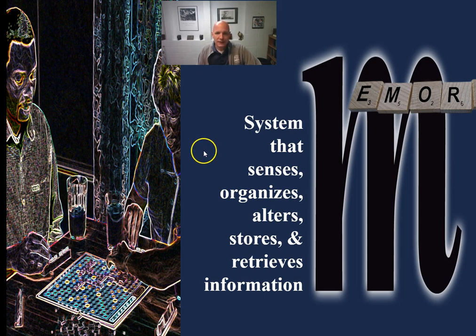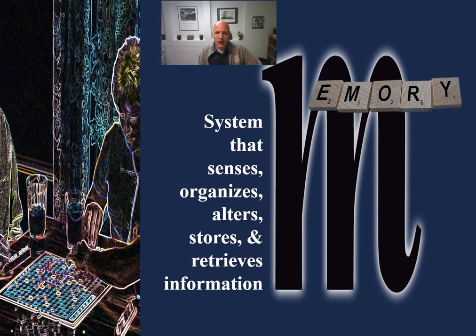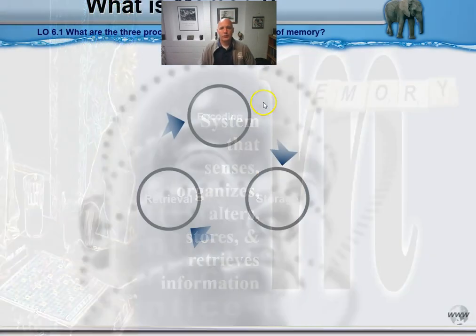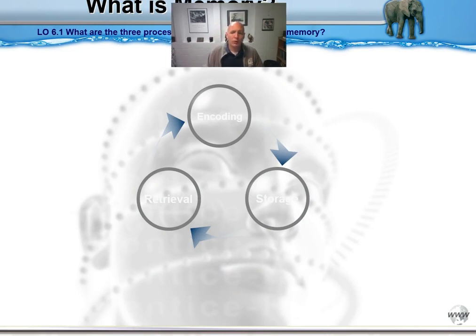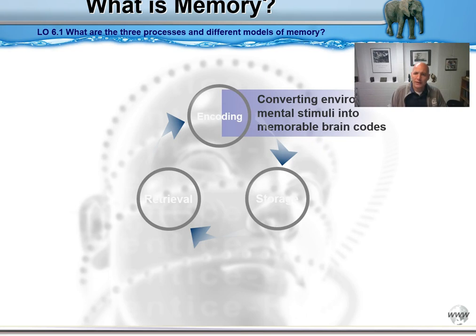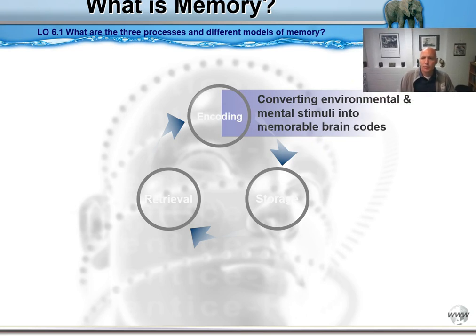Now, our memories are not always perfect. In fact, they are not perfect almost all the time, and some people have a gift of a better memory than others. But we can all improve the memory that we have. So we're going to look at a three-step process of memory, and my goal here, as always, is to be practical and to help you improve your storage and retrieval of information for tests.